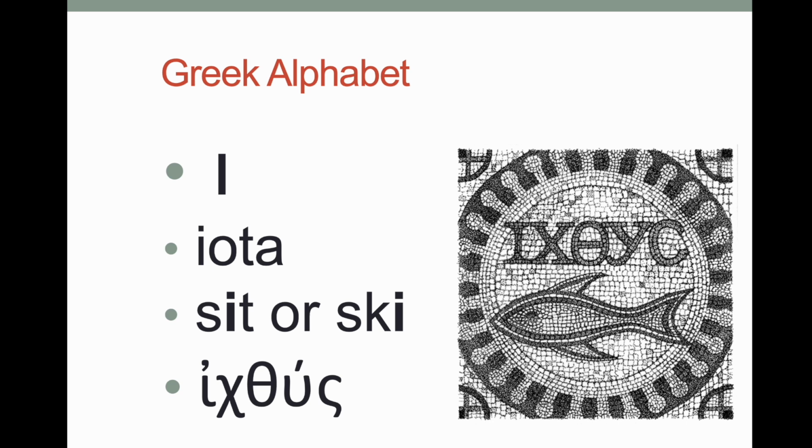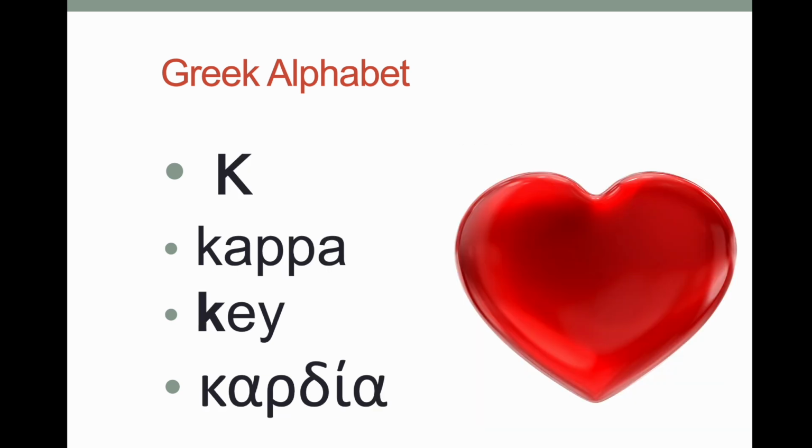So the example I have there is a short I sound. It's the word for fish, and it's ichthus. The next letter is a kappa, and a kappa makes a K sound, like our English word key.